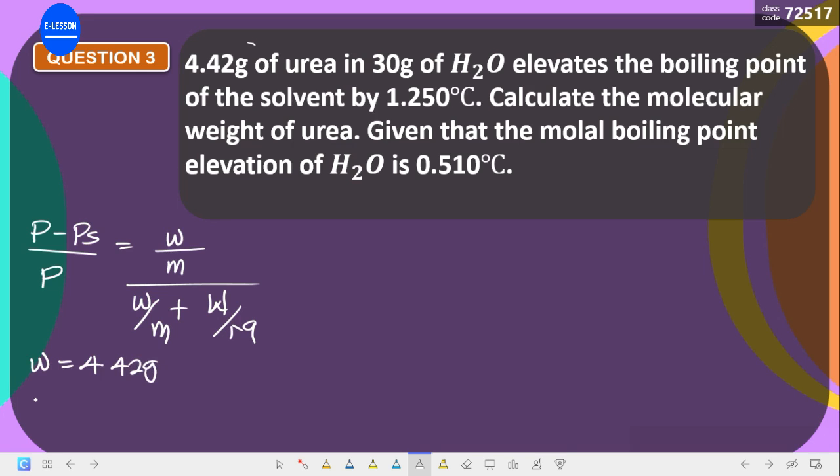Now the molar mass of urea, the molecular mass of urea, is what we are looking for. Now the mass of water is 30 gram, given. Now the molar mass of water, of course everyone knows, is 18.0 gram. Am I solving the elevation of boiling point?